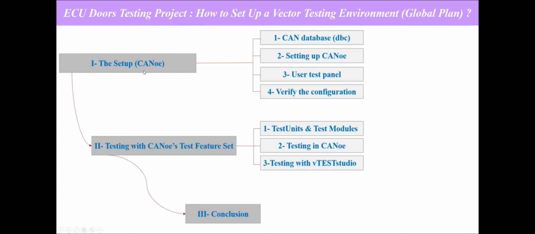In the next slide, it will be dedicated to the setup plan. Okay, it will be about the first phase, the setup. Okay, the setup of CAN. So we need to create a CAN database as the first thing.